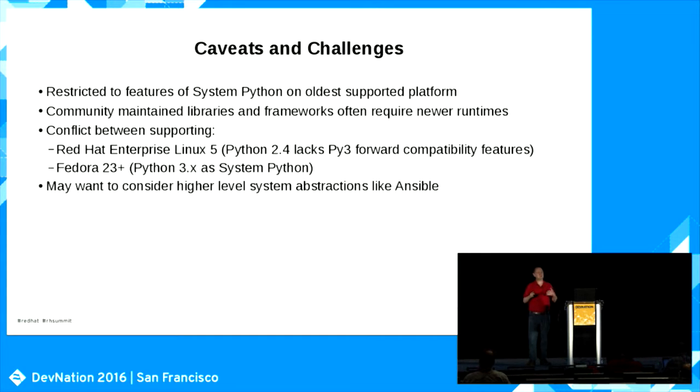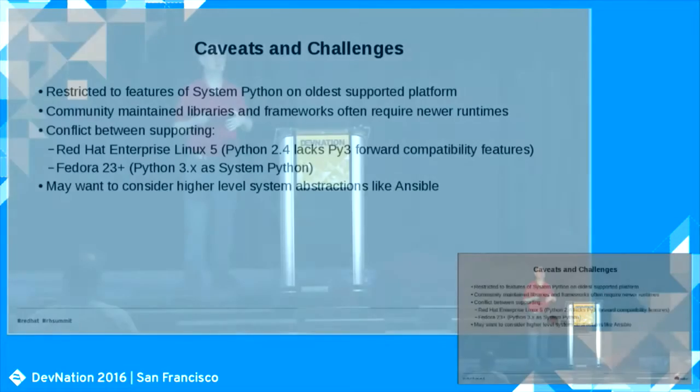And so what that does is create a conflict if you're still trying to support Red Hat Enterprise Linux 5, where Python 2.4 lacks a lot of the Python 3 forward compatibility features, and you're also trying to support recent versions of Fedora, where Python 3 is the system Python. Things can get difficult.